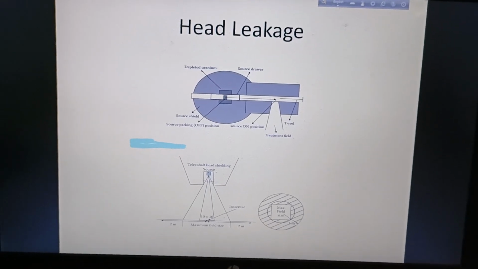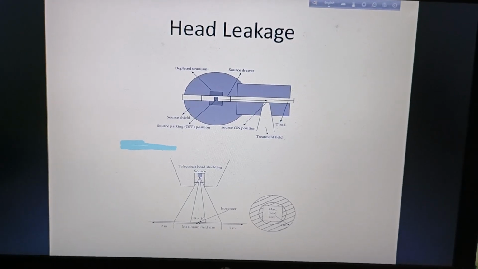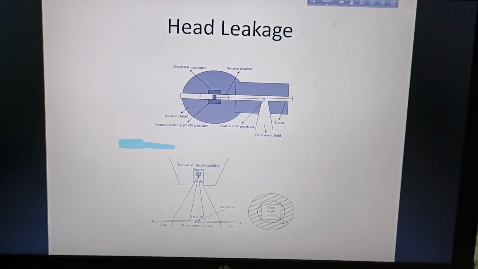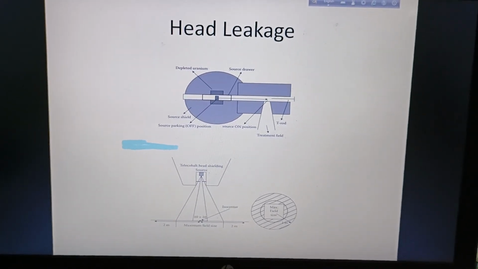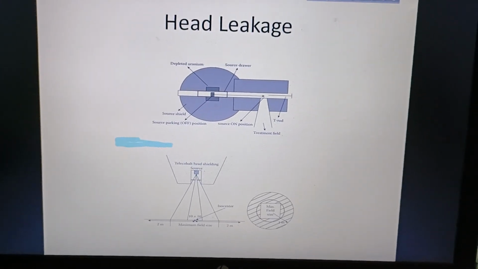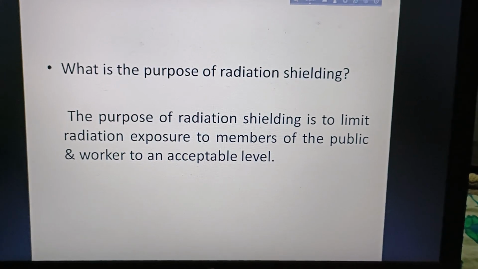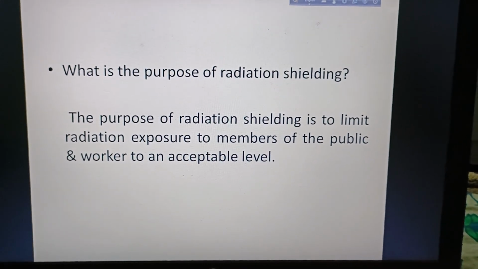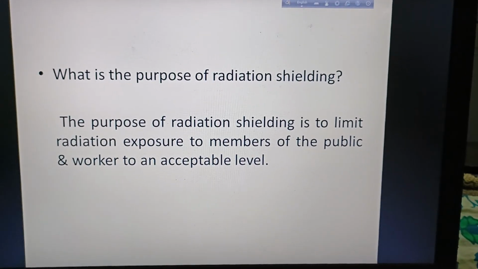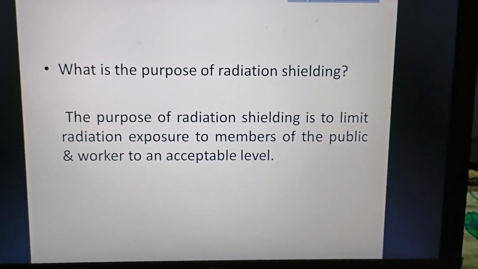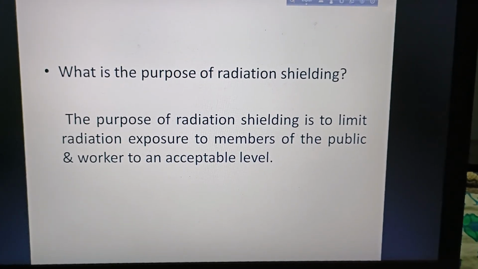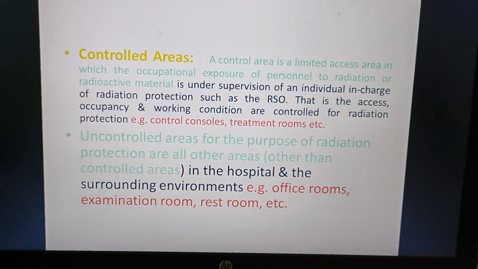Head leakage. This is the head of the Cobalt 60 machine. What is the purpose of radiation shielding? The purpose of radiation shielding is to limit radiation exposure to members of the public and workers to an acceptable level.